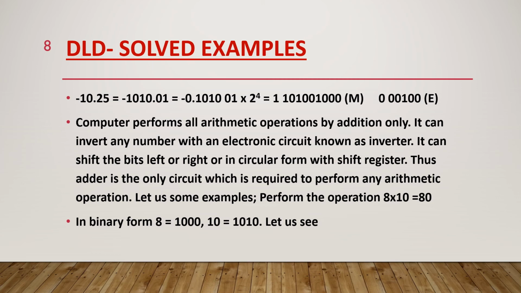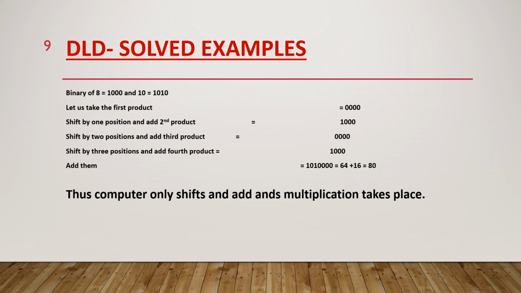So in binary form, 8 is equal to 1000, and 10 is equal to 1010. So let's see. As we were saying, binary of 8 is 1000 and that of 10 is 1010.